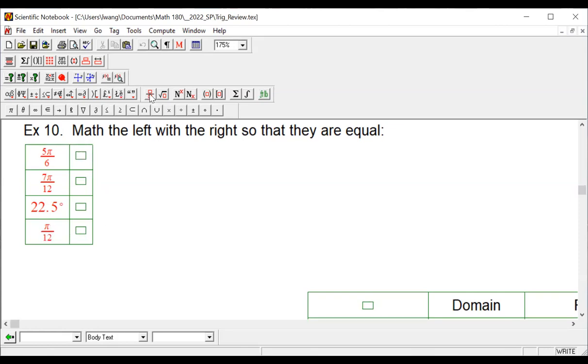And the left-hand side is half of pi over 4. The next one is pi over 3 minus pi over 4.